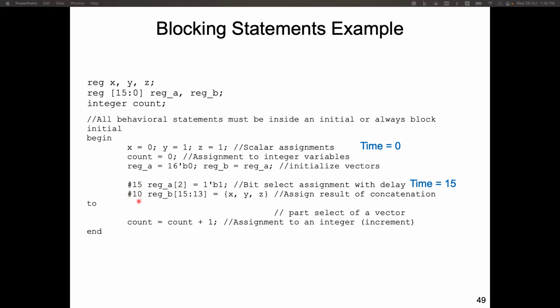Now the next statement concatenates X, Y, and Z, and assigns them into register B's bits number 15 to 13. We make this assignment after another 10 units of time. Which means this line of statements is executed at the time equal to 25.